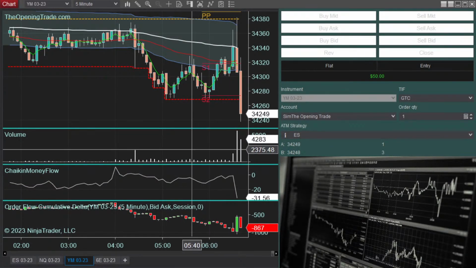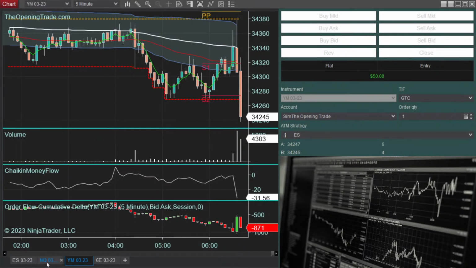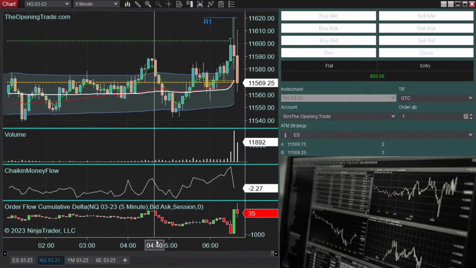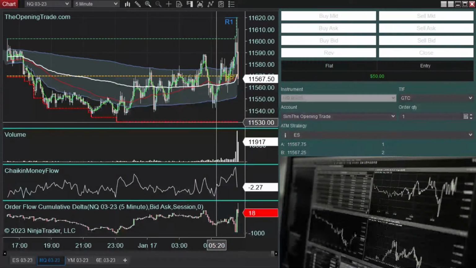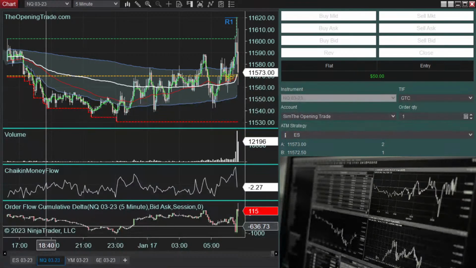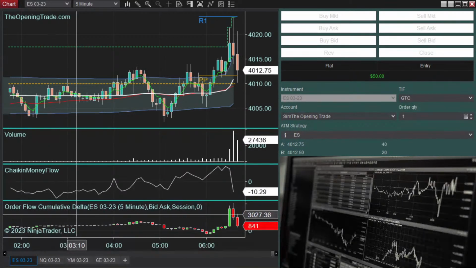And if you look at the YM, it has fallen way below the daily low. The NASDAQ is above the daily low, and it is hitting the pivot point.